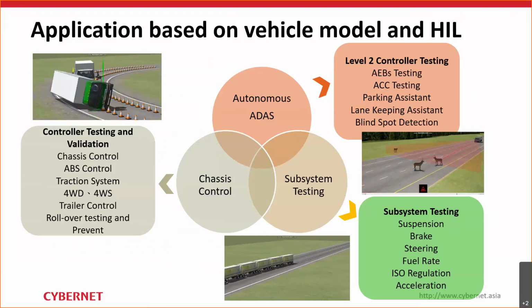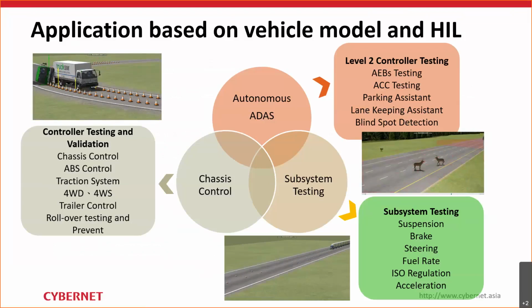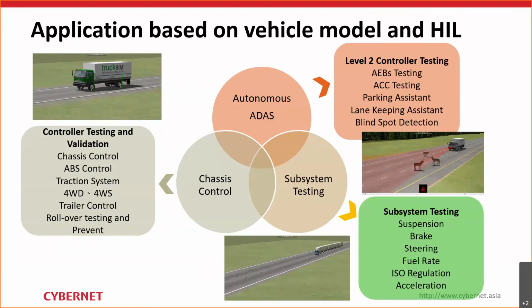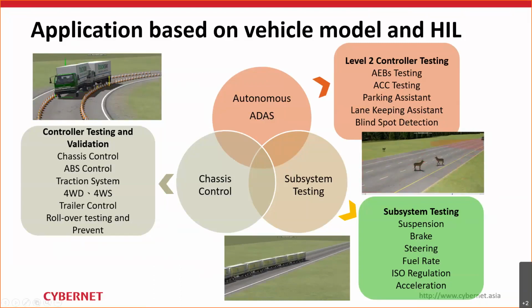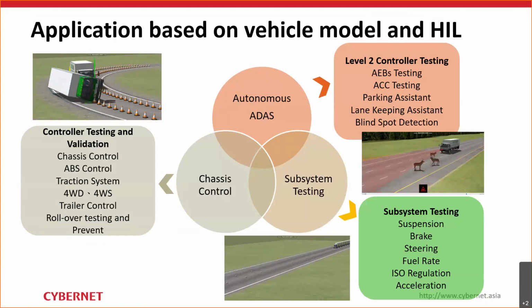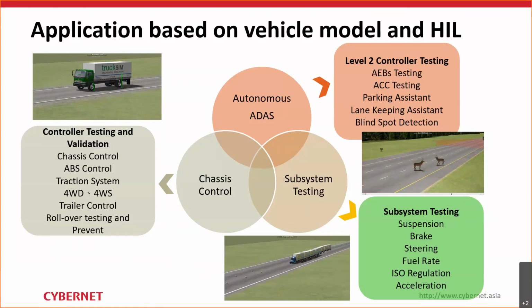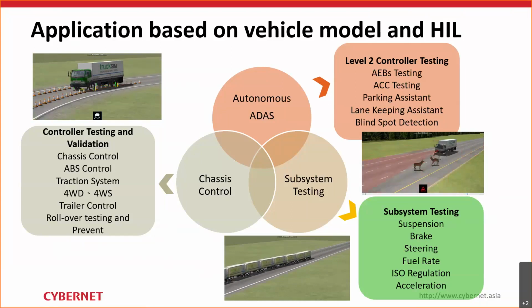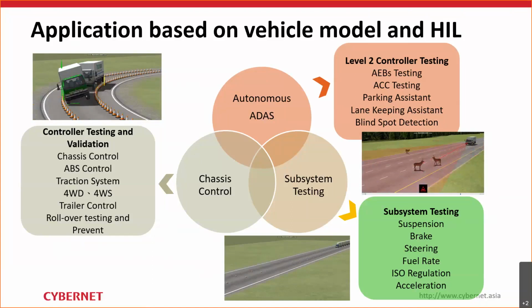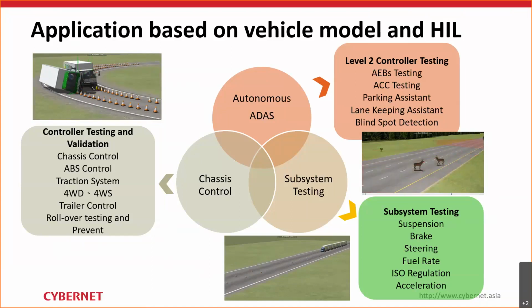Vehicle dynamic controller testing and validation can be implemented with different kinds of testing procedure. Chassis control, ABS control, or four-wheel drive control can be easily tested with CarSim. We can do simulation with very low cost and reduce the time we need for tuning and verification.